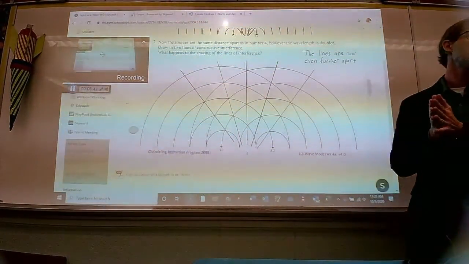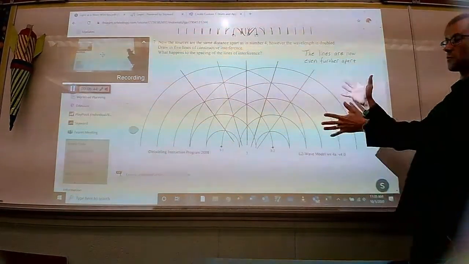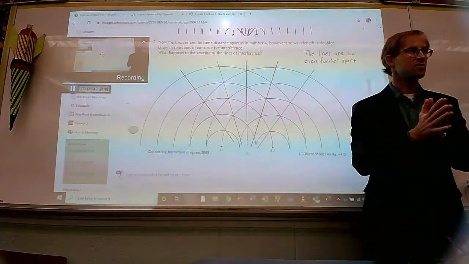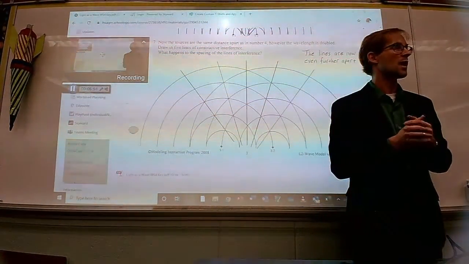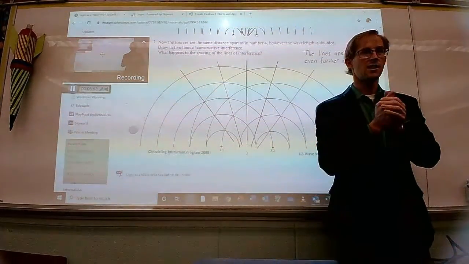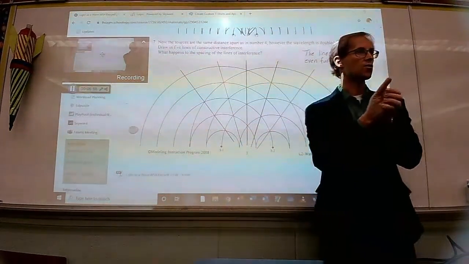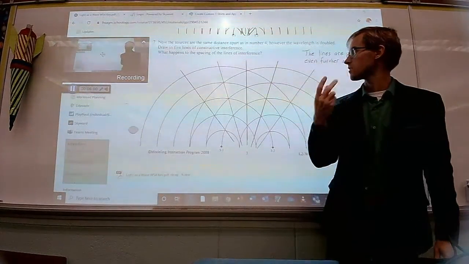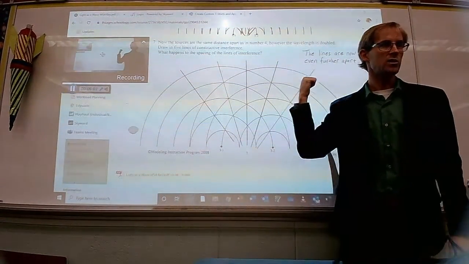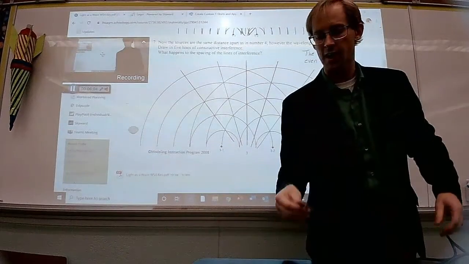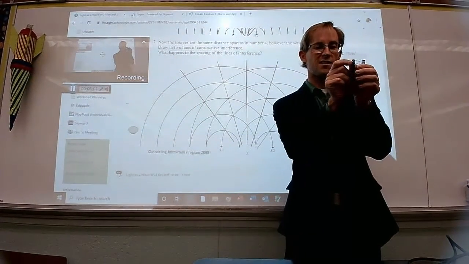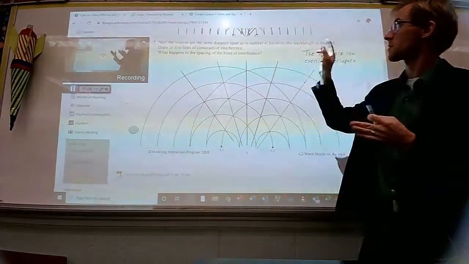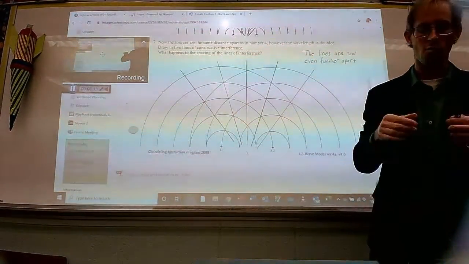So what this all means, folks, and the reason that Worksheet 4 is such an important worksheet, is this shows us exactly how light behaves like a wave. Number 1, when you send it through one narrow slit, it spreads out. Number 2, when you send a beam of light through slits that are close together, you get dots that are spread out, just like maximum lines on worksheet number 4.